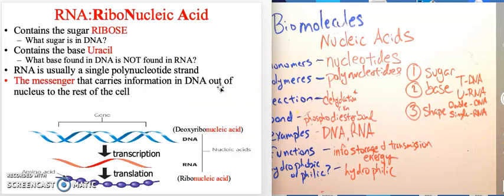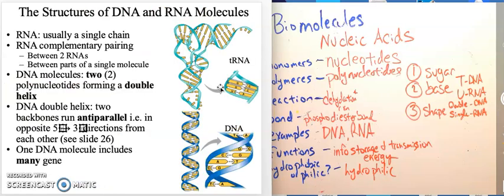RNA, on the other hand, functions as a single strand, a single polynucleotide. However, RNA can have different shapes even though it's a single strand. Messenger RNA, mRNA, can be a single strand that's read to build a protein, but other RNAs fold back on themselves.